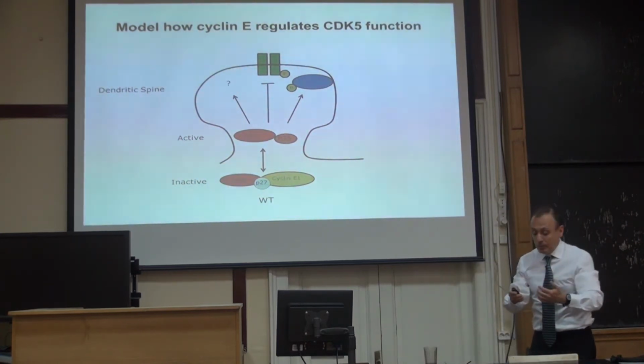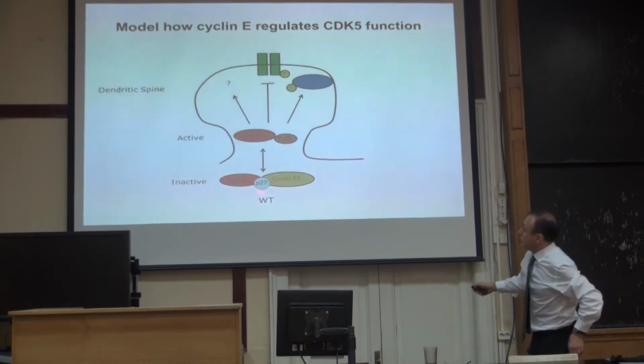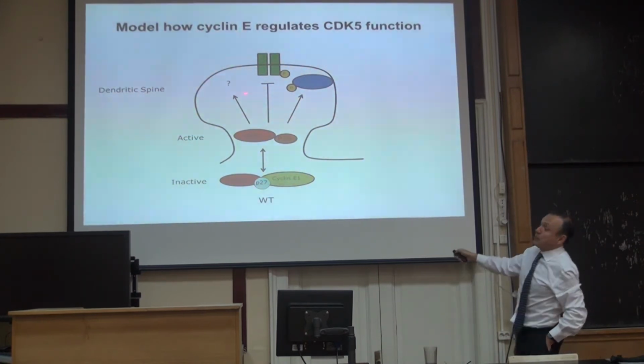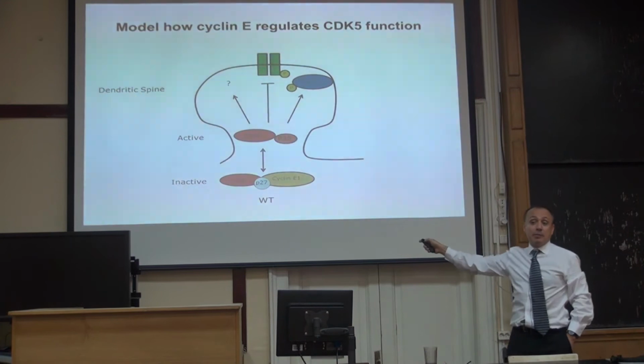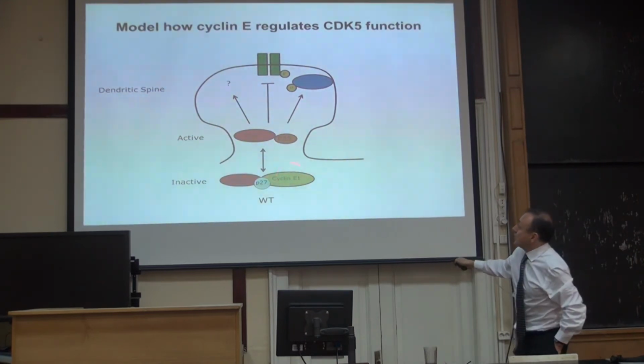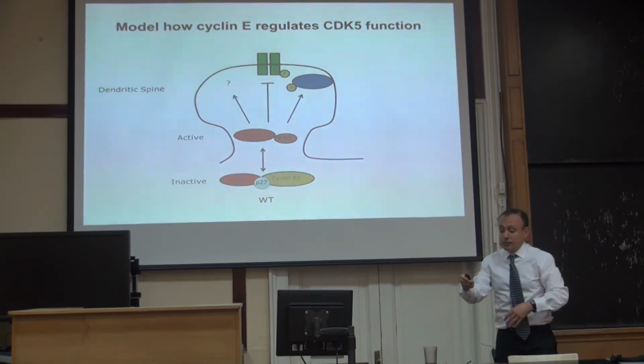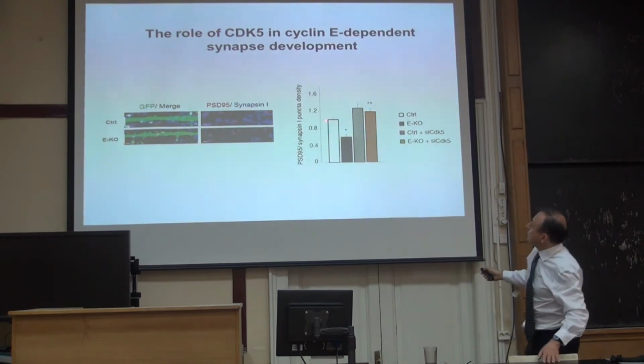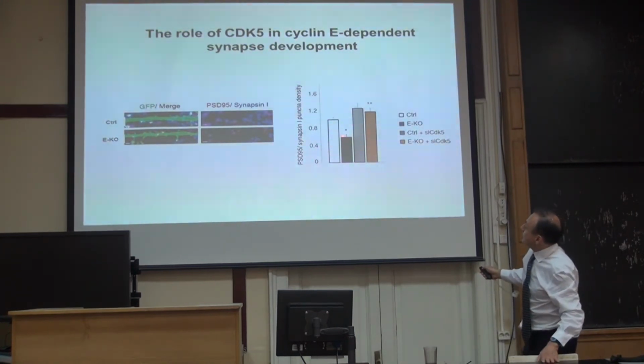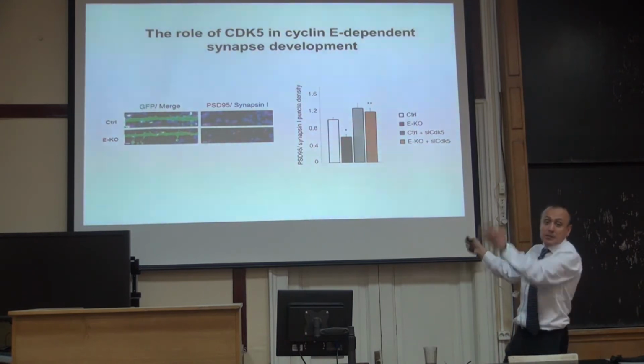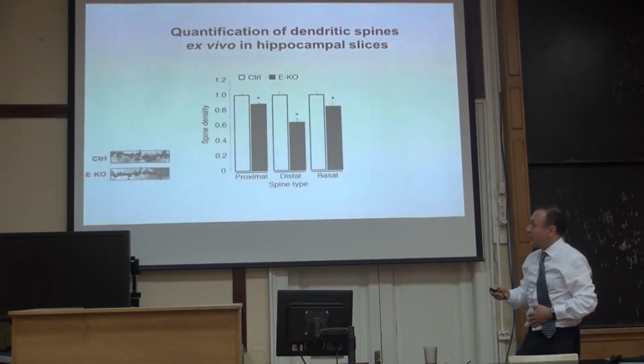Do we all understand? Because we are proposing the knockout of cyclin E hyperactivates CDK5, and that's why those bad things happen. So let's knock out cyclin E and then knock down CDK5 and see what happens. So this is the number of synapses before, this is after the knockout of cyclin E, and then we knock out cyclin E and we knock down CDK5, and we can restore back the number of synapses.